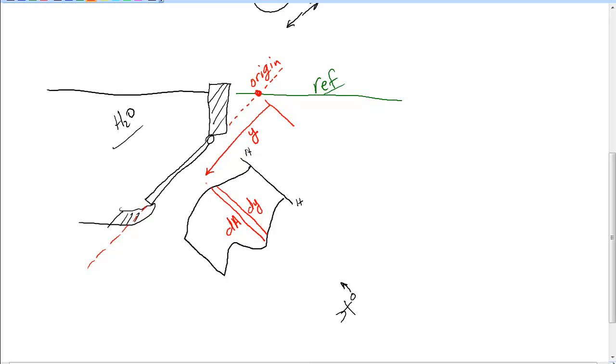Now, it just so happens that this location sits right here on the gate, so this area right here is the same as this, just turned sideways, and we happen to have this height of the column of water above it. So suddenly we can look at these two and say somehow h is proportional to y.